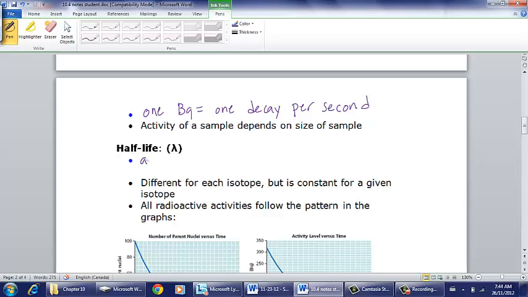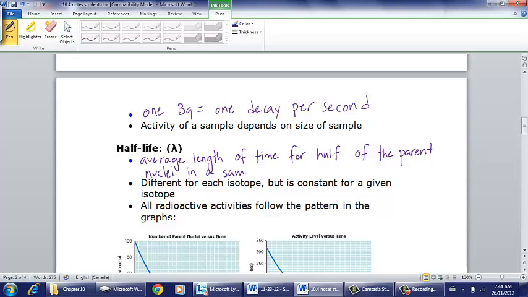So it's the average length of time for half of the parent nuclei in a sample to decay. This is different for each isotope, but it's constant for a given isotope.